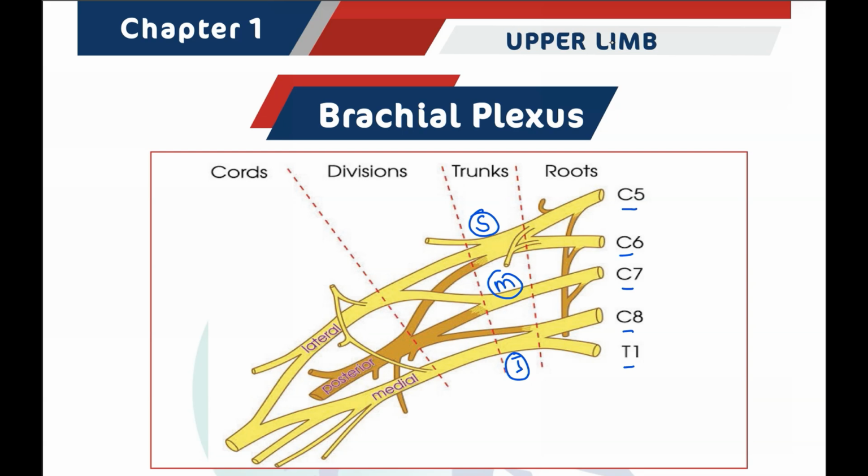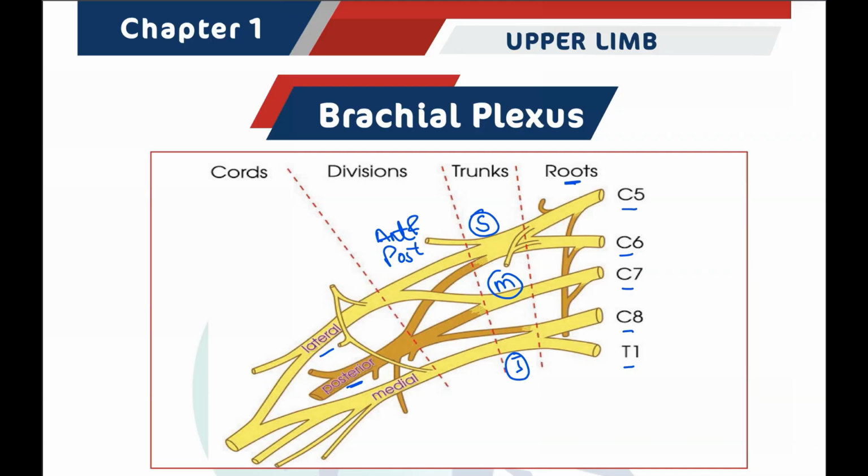Now all of these trunks divide into anterior and posterior divisions. All the posterior divisions result in the posterior cord. Anterior divisions from the superior and the middle trunk are going to form the lateral cord, and the anterior division of the inferior trunk is going to continue as the medial cord.